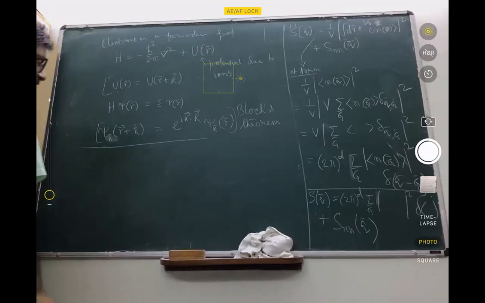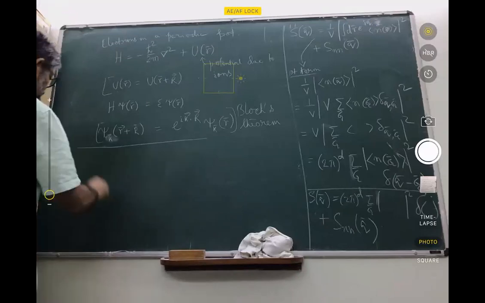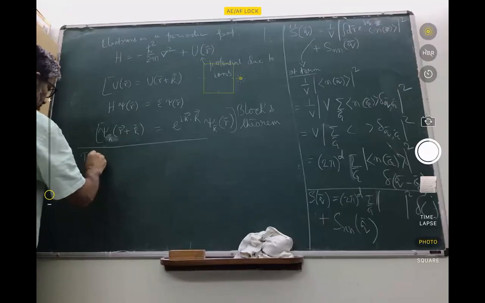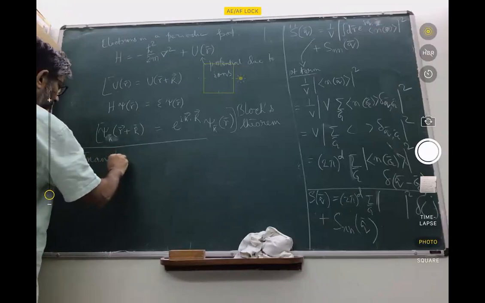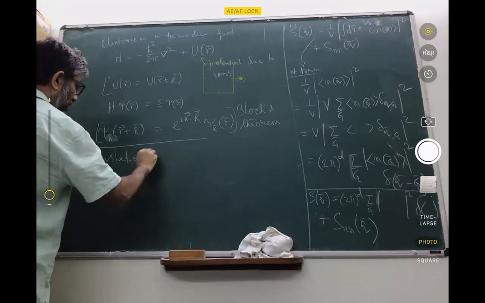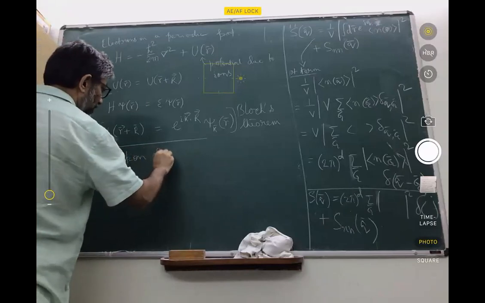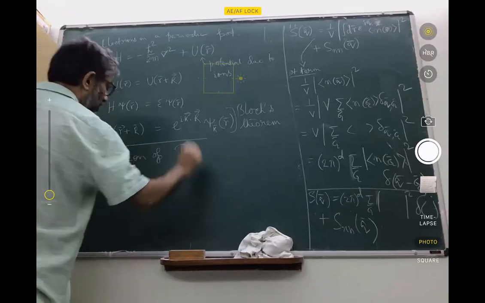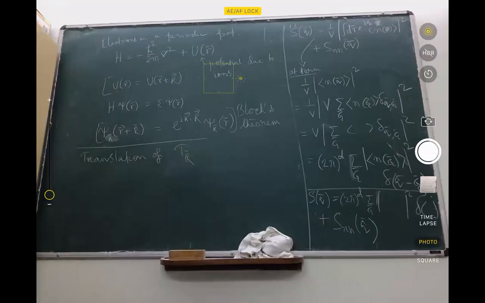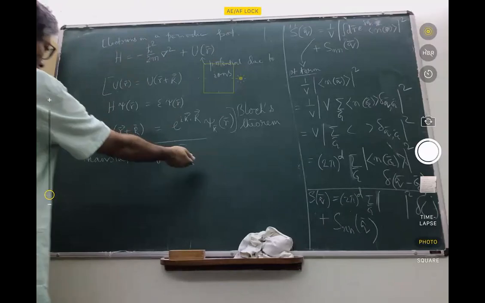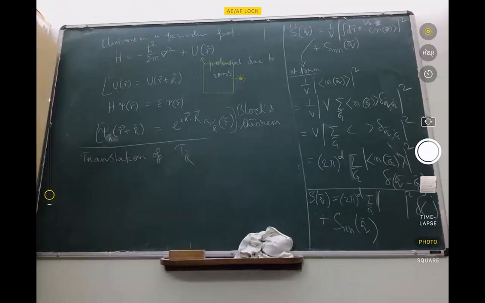So let us define a translation operator, T of R, which translates any function of r by a lattice vector R, which, as we've seen, is an integer combination of a1, a2, a3.